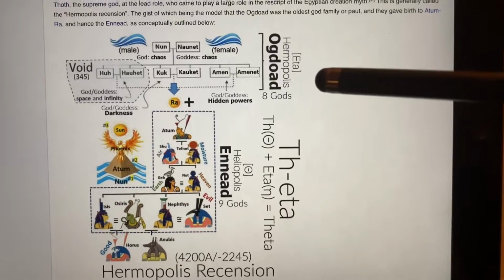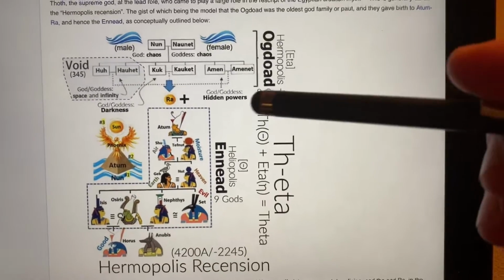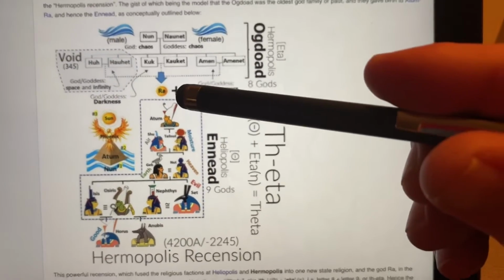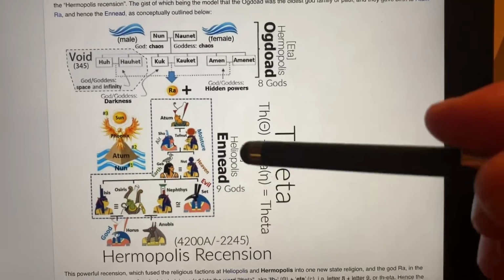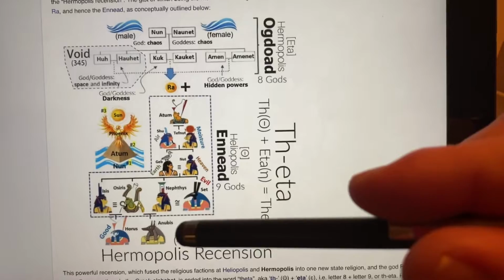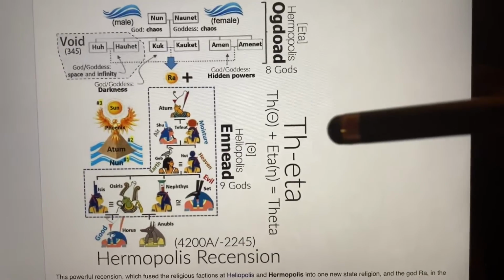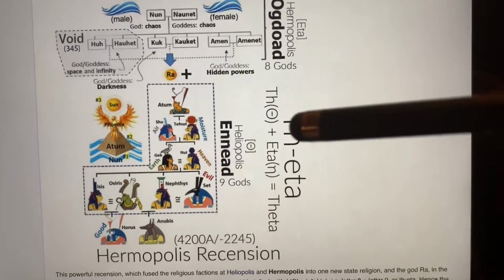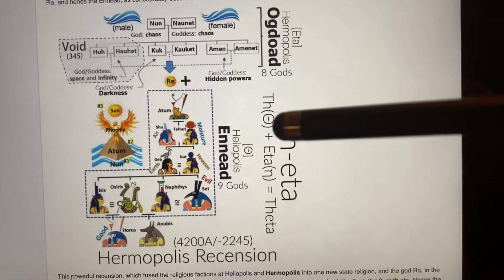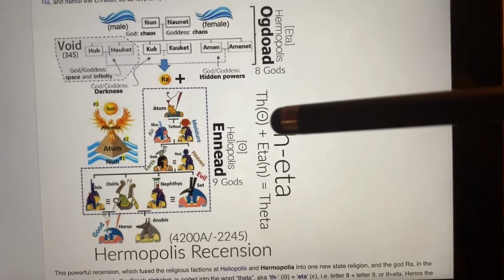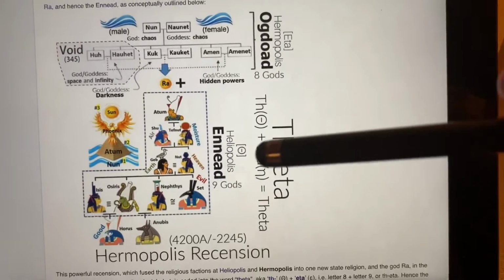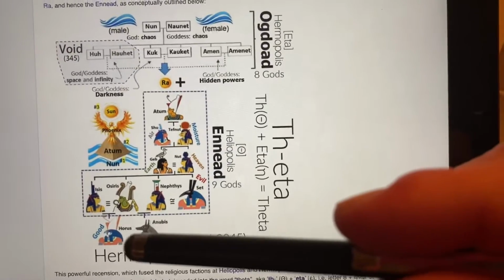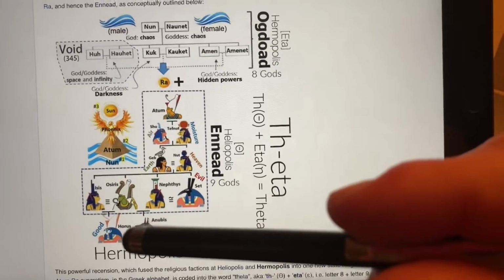So the letter H stands for Ogdoad, which is where we get the word heat. And they birth out the Ennead, which is another cipher, another solar word, but it's comprised of 9 gods. And it's also the shape of the 9th letter Theta, another cipher for the hieroglyph of Heliopolis. Now the 10th god is Horus, and that's why we have I becomes letter 10.